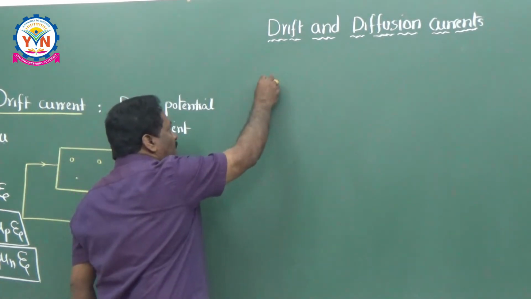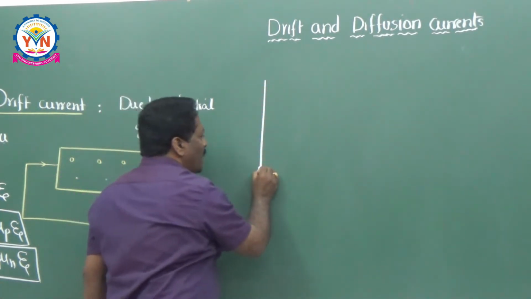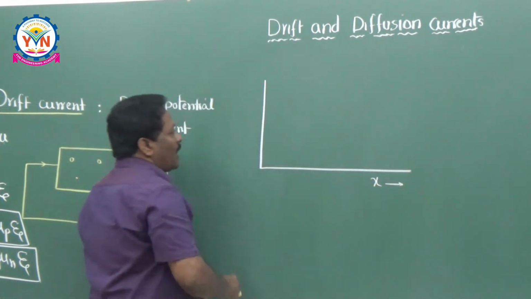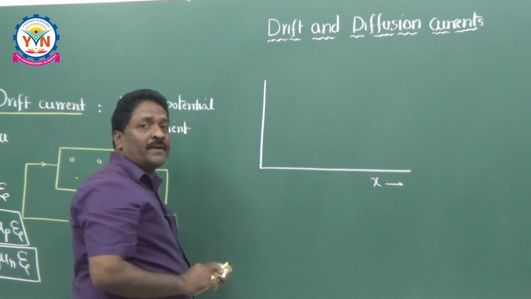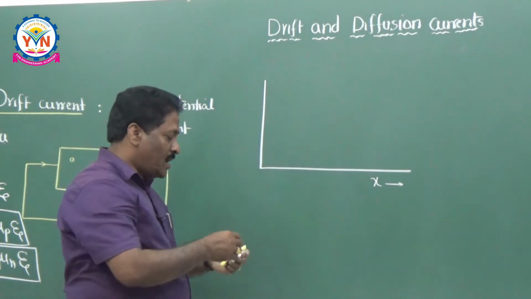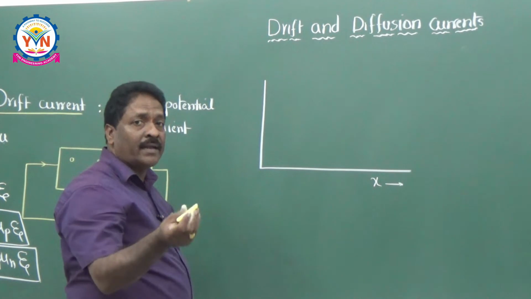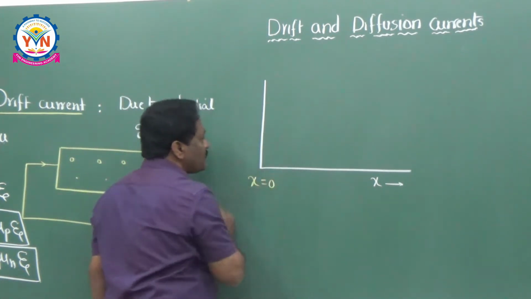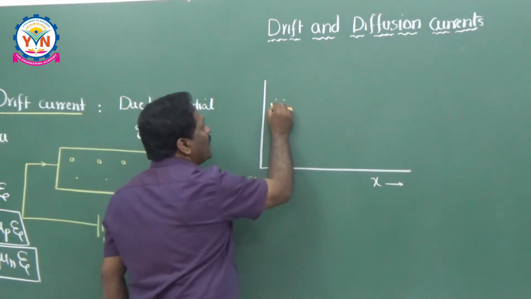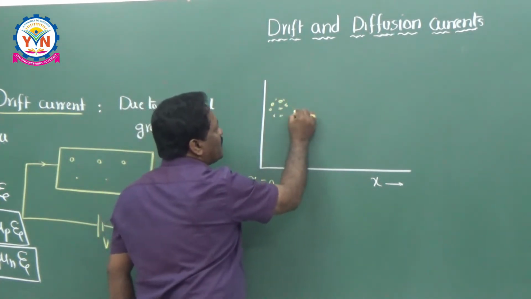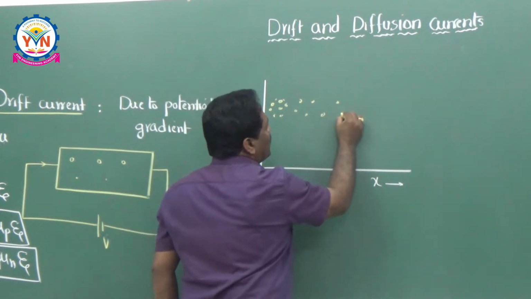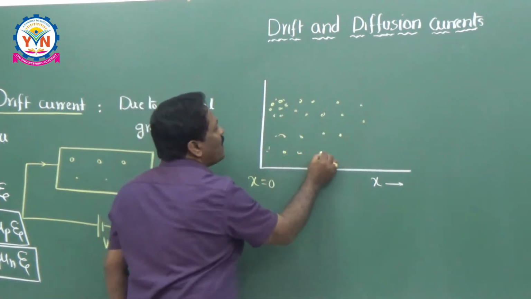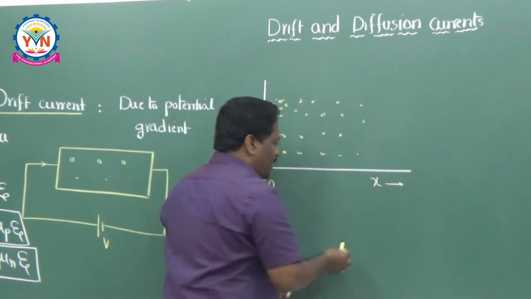Let us take a semiconductor placed in the direction of x, and inside the semiconductor you can expect the presence of holes and electrons, and the holes will be random. Let this be at x equal to 0, and these are the holes, showing the variation of holes in the direction of x.